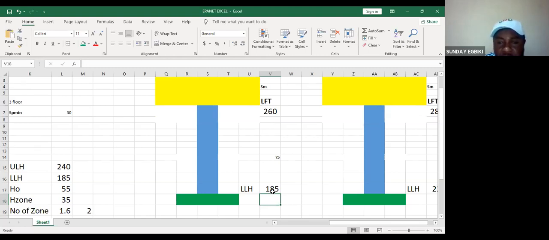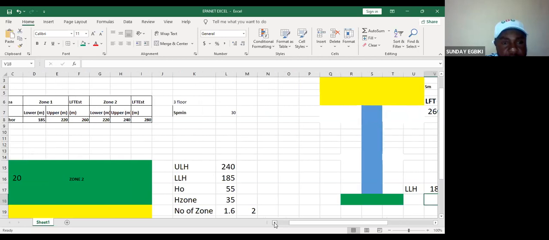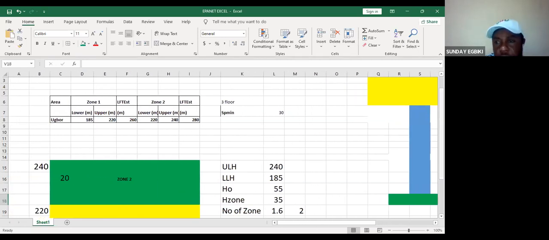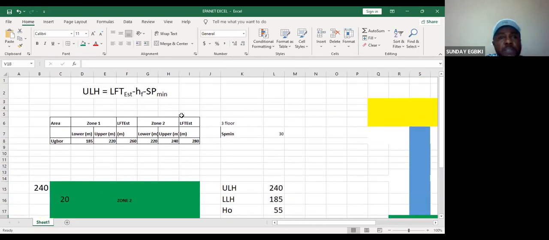Now, the lowest limit of housing elevation is 185. When you get this 185, you will come up with this formula here. This formula helps you calculate the minimum level of your tank, which is the estimated lowest feed level of the tank, which is here now.